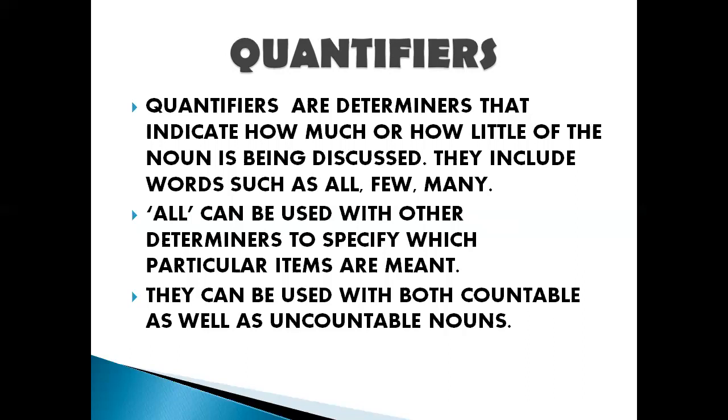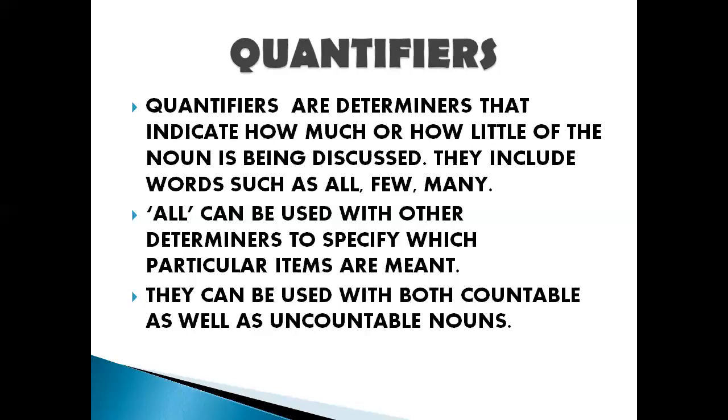Quantifiers also depend on whether we are talking about count nouns, that are countable nouns, or non-count nouns, that are uncountable nouns. With count nouns, we use quantifiers like many, several, few, and with non-count nouns, that are uncountable nouns, we use quantifiers like much, a little, a bit.